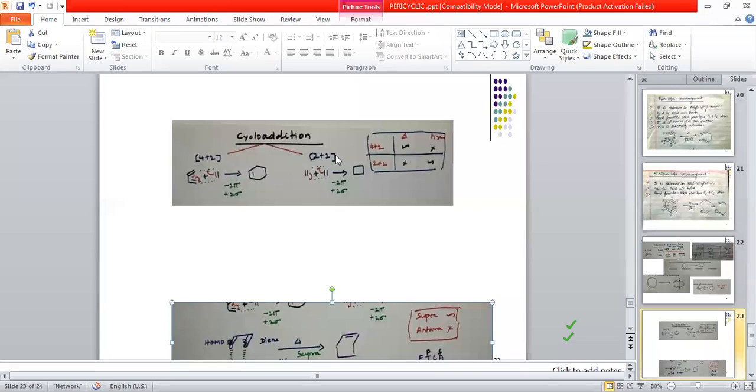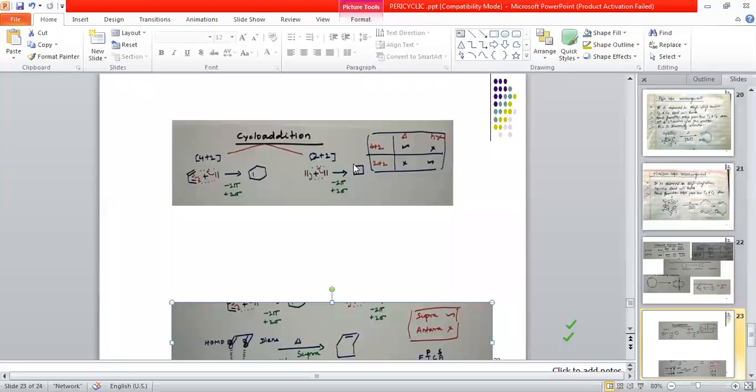Next, in this 2 plus 2 condition, there are 2 unsaturated compounds, CH2 double bond CH2 and CH2 double bond CH2, which rotate to this side and make a ring closure. There were 2 pi bonds, but in the final compound there is a loss of 2 pi bonds, and now we have gained 2 sigma bonds.